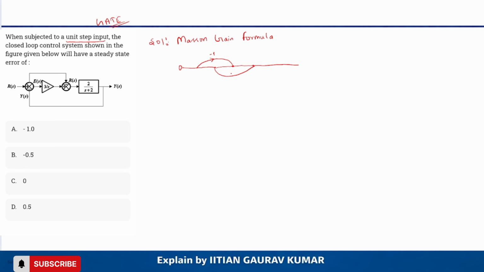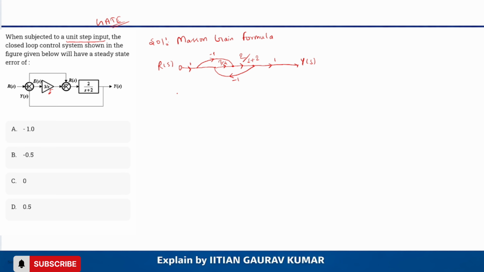Here is also a -1, and here is 3 by s, and here is 2 by s plus 2, and here is 1, and it is Y of s, and here it is R of s, and here it is 1. So simple, R of s and Y of s.